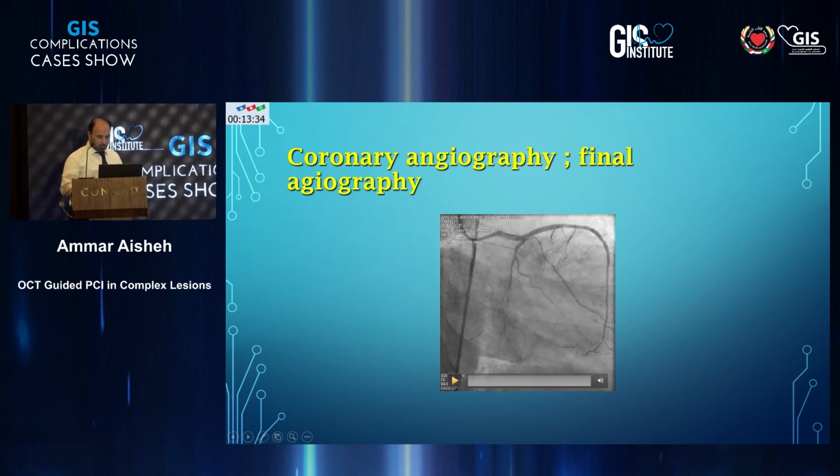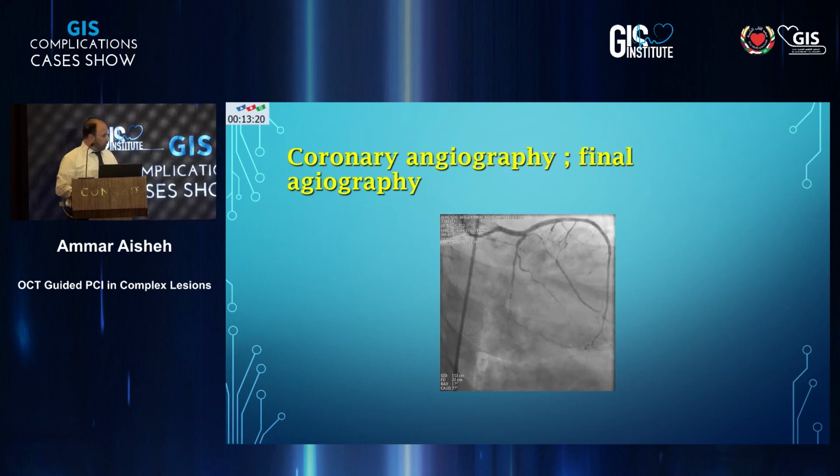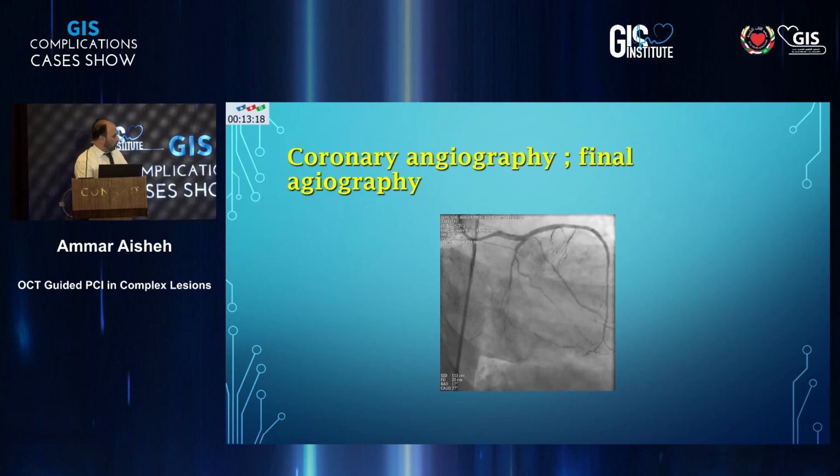Let's go to the basics of OCT. You already mentioned the abbreviations that we should go for, MLD and MAX. In morphology, they are always talking about low attenuation and high attenuation, and how you can differentiate in OCT thrombus versus calcium, intraluminal or extraluminal. Both thrombus and calcium are low attenuation.